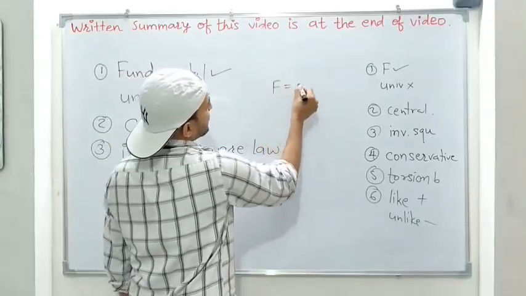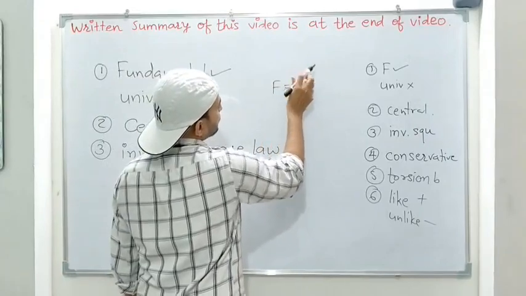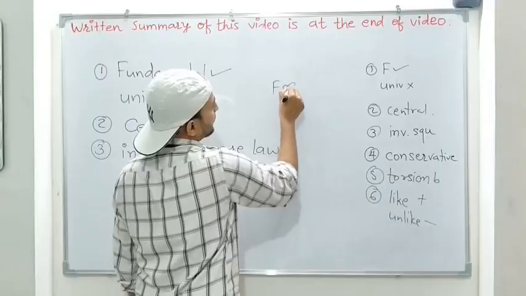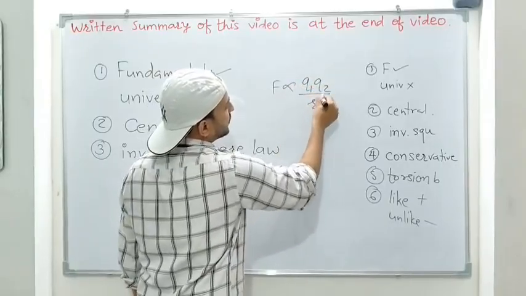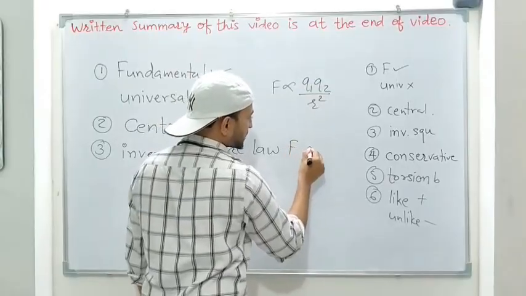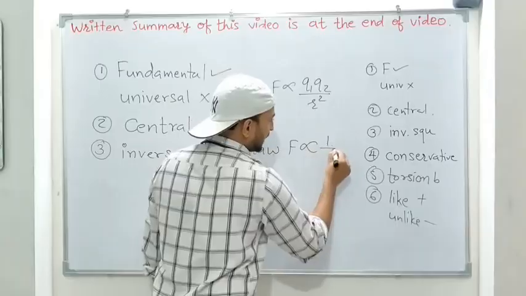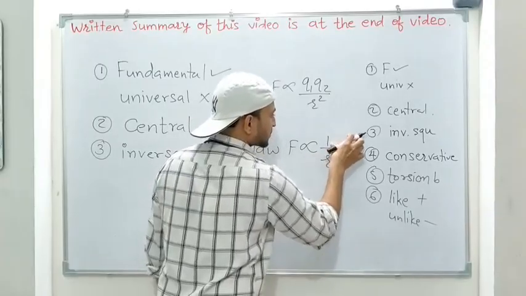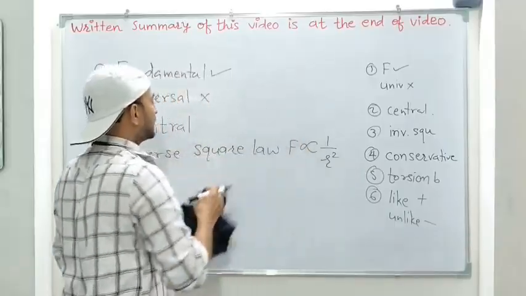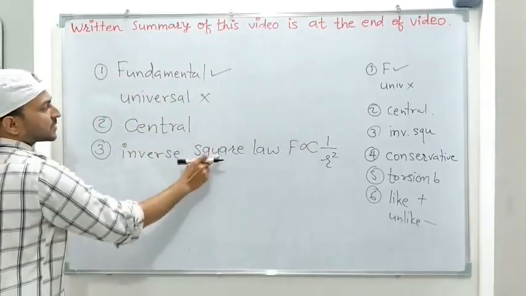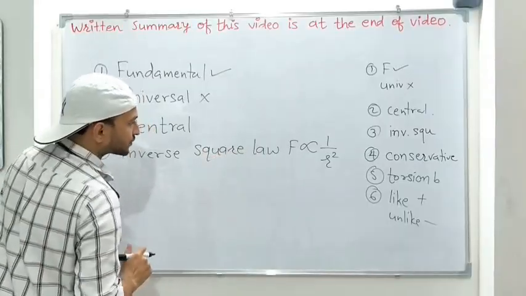Because F is proportional to Q1 Q2 upon R square. The force inversely varies with the square of the distance between 2 point charges, is the meaning of inverse square law.